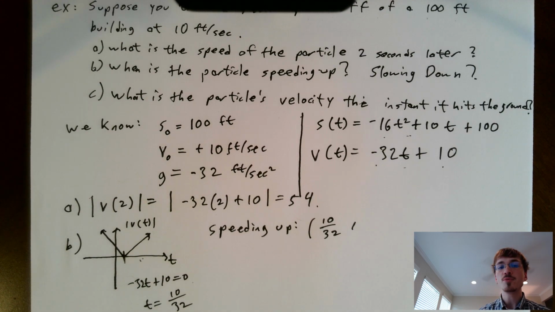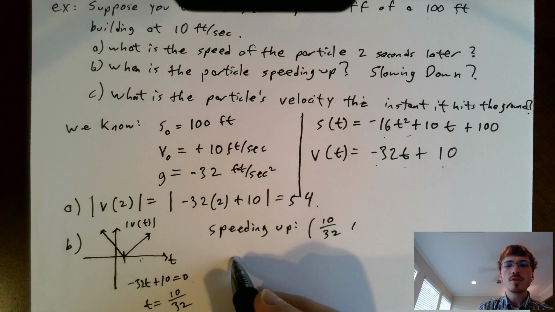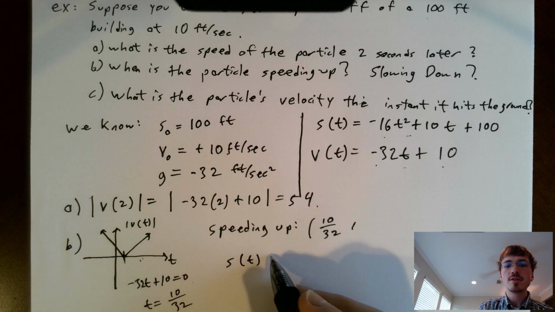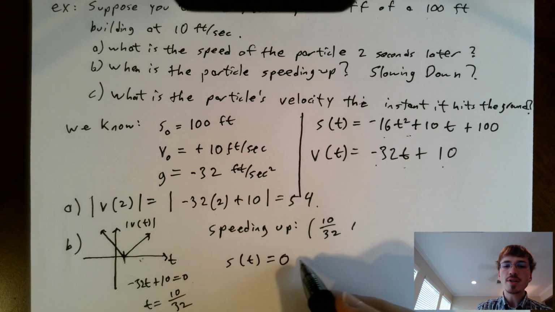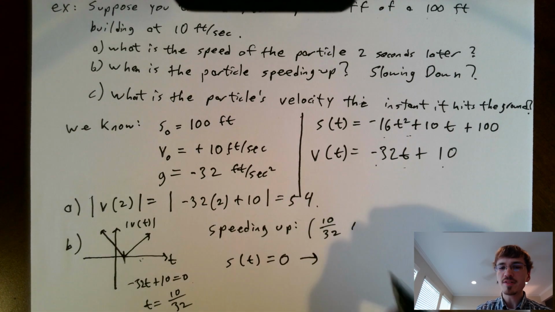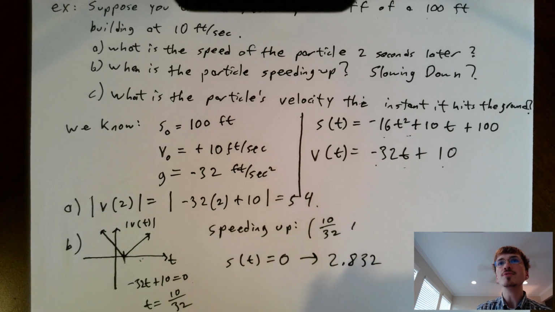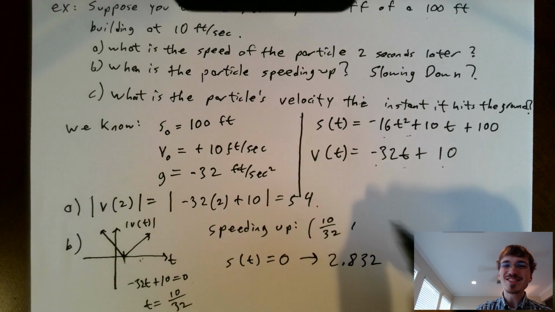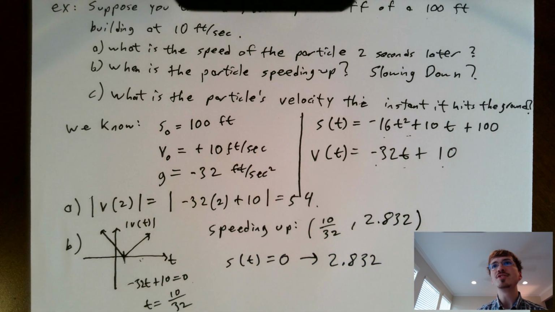Well, we need to know where the rock hits the ground. We know that the rock hits the ground whenever s of t is equal to 0. So at what time does this happen? When does s of t equal 0? Whenever you plug this in a calculator, you'll see that it is 2.832, I hope. And so we're going to be speeding up all the way until the instant that it touches the ground there.